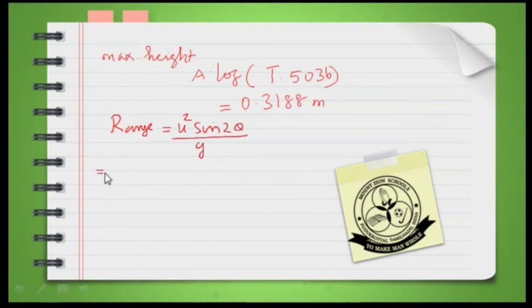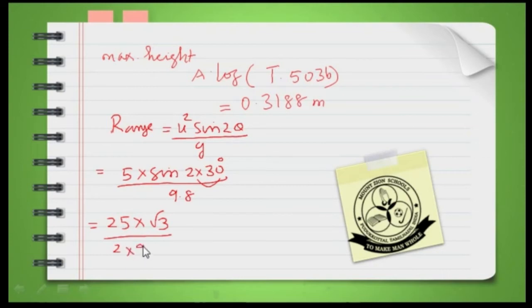That is equal to 5 into sine 2 into 30 degree by g, where g is 9.8. So 25 into sine 60 degree. Okay, it is root 3 by 2 into 9.8. So we'll substitute 25 into the root 3 value. This much, you know.